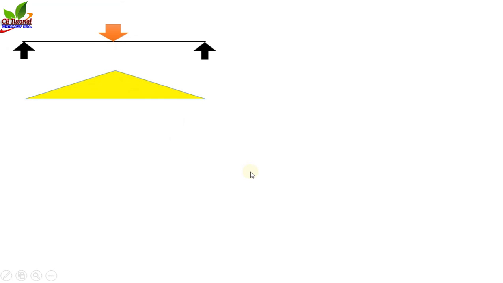Now, can you please tell me what is the meaning of this diagram? What does it indicate? What is the actual meaning of this bending moment diagram? So at the peak point, the bending moment is maximum.